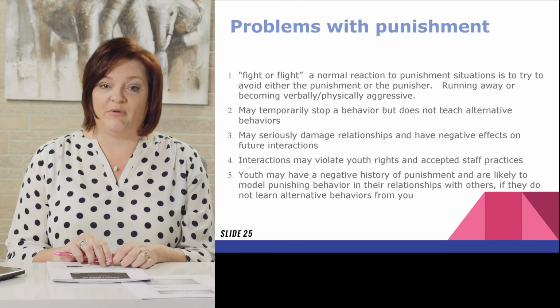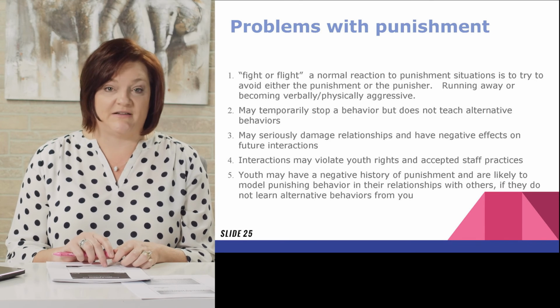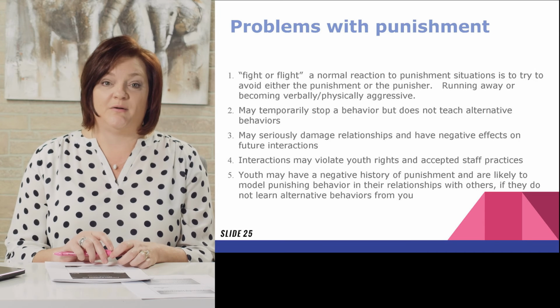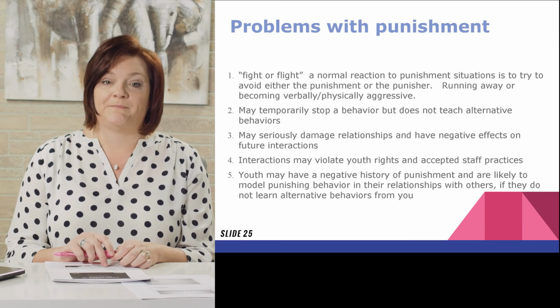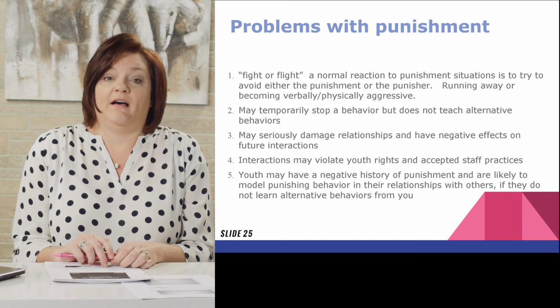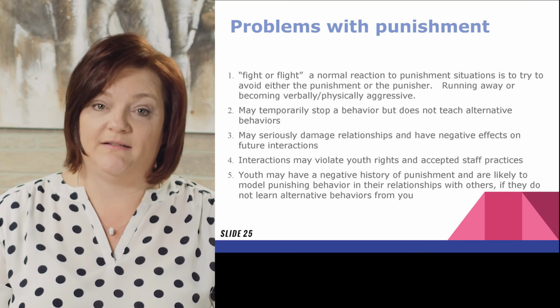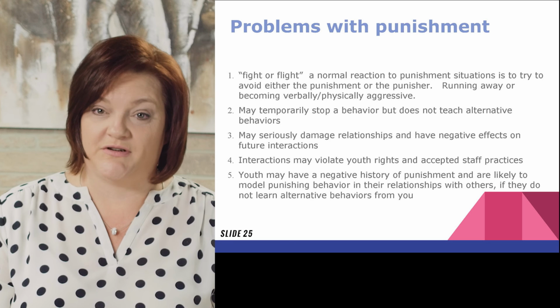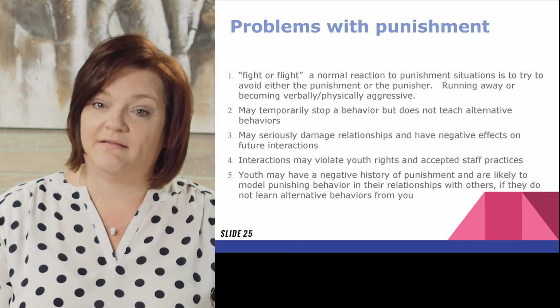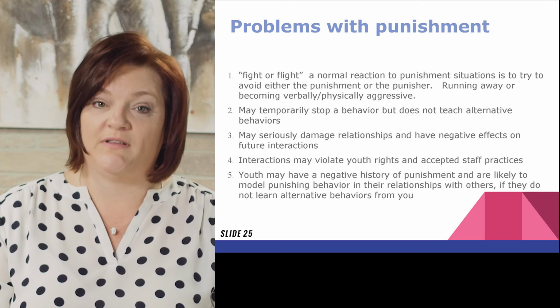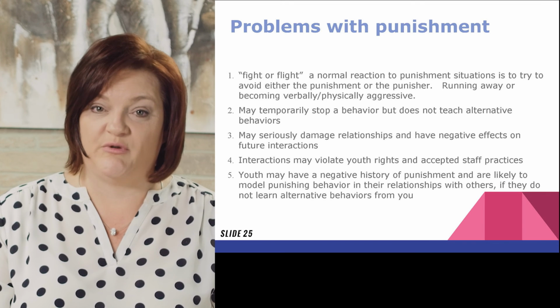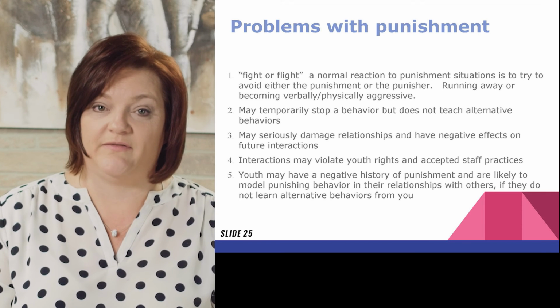Social learning theory applies to adults every bit as much as it applies to children. So as the grown-ups, we have to be really mindful that if we yell and the kids get quiet, I'm more likely to yell in the future. But my child is also more likely to be afraid of me and more likely to have a negative relationship with me if I engage in those kinds of behaviors.